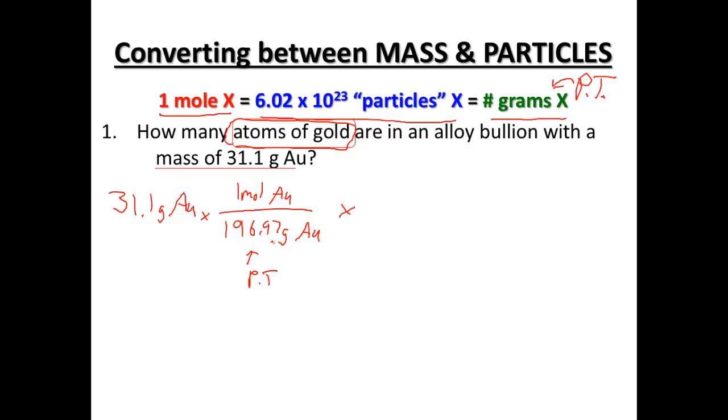And once we're in moles, grams cancel grams. Once we're in moles, 1 mole of gold is equal to 6.02 times 10 to the 23rd gold atoms. So in the end, we end up with about, calculating wise, 9.51 times 10 to the 22nd gold atoms.